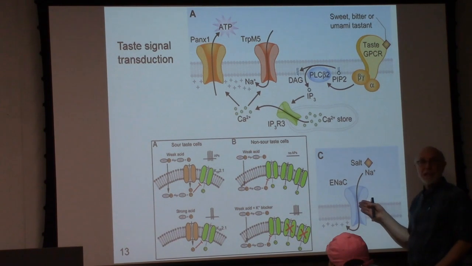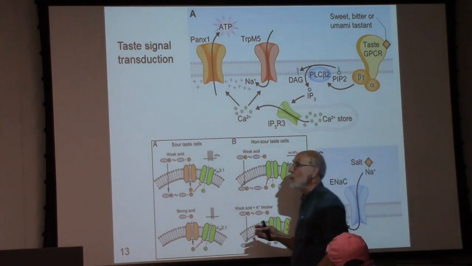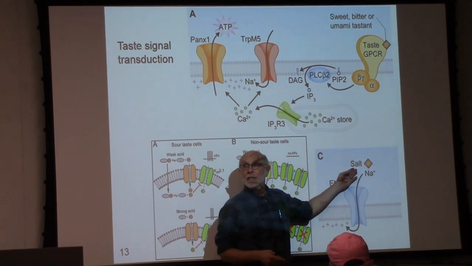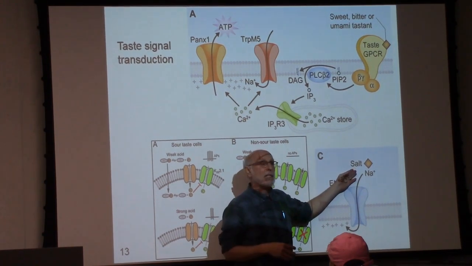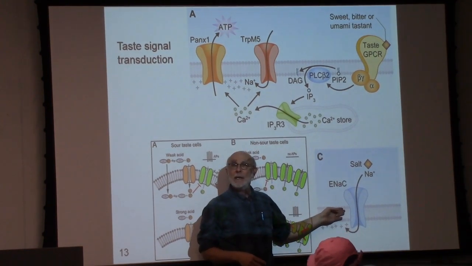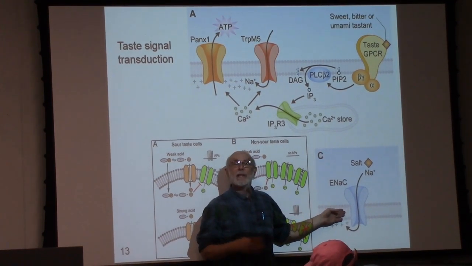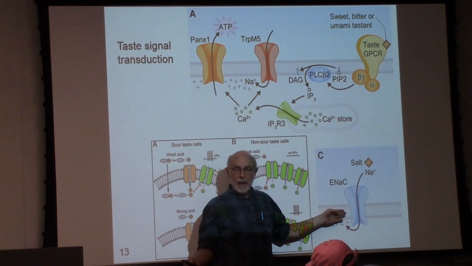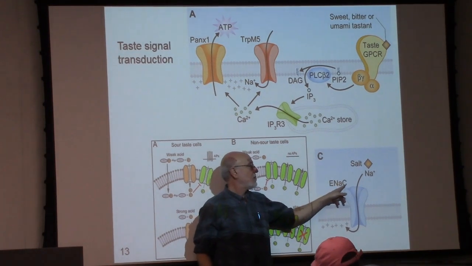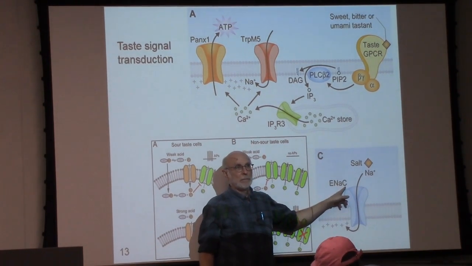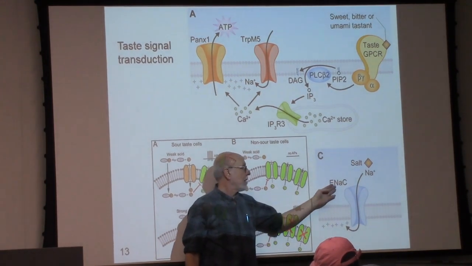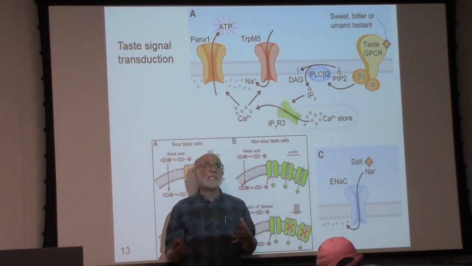That's all that you need to know for how salt, sodium chloride, activates salty taste in your mouth: there is a channel in the salt sensing taste receptors called an epithelial sodium channel. ENaC is the abbreviation. This channel is constitutively active.